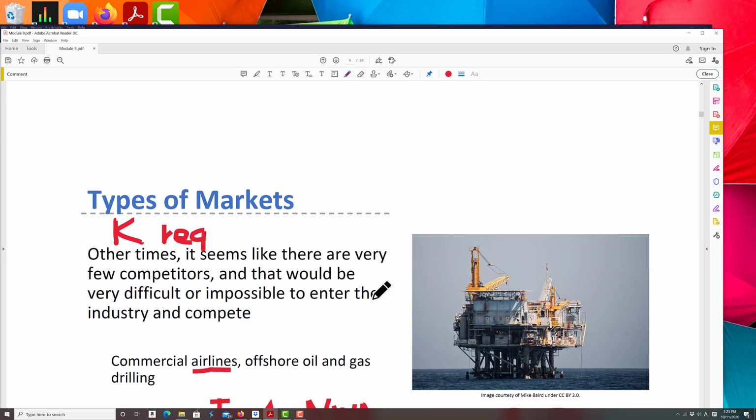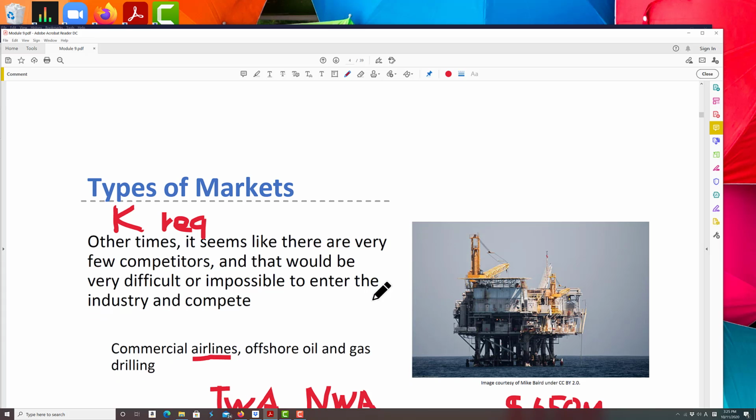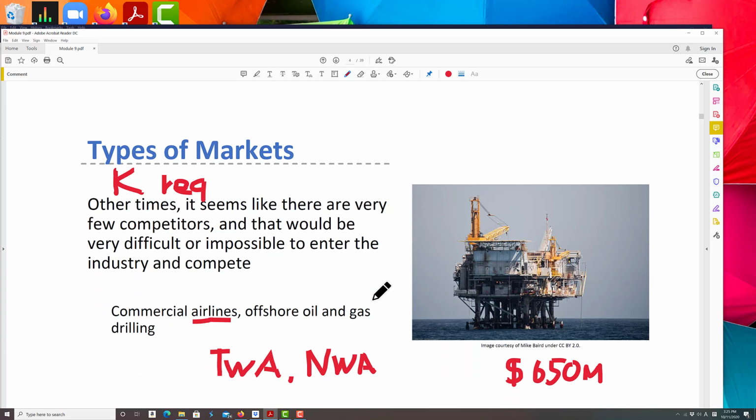In other industries, entry requires a huge capital investment. For instance, for offshore oil business, oil drilling business, you need an ocean oil drilling rig, which costs maybe $650 million. And that's not a small amount of money.